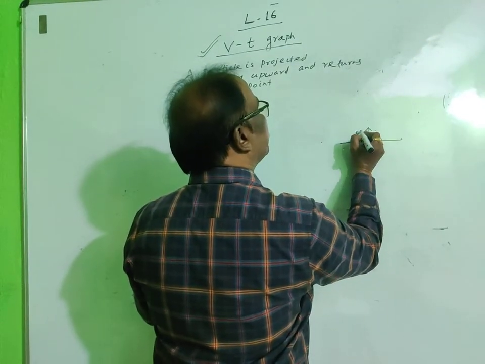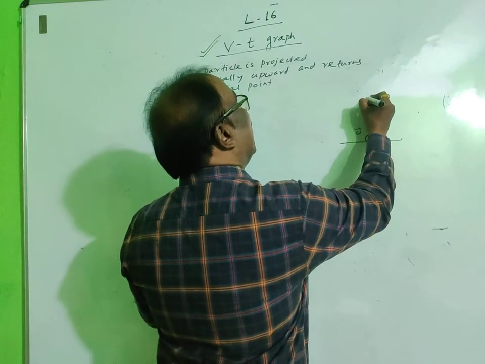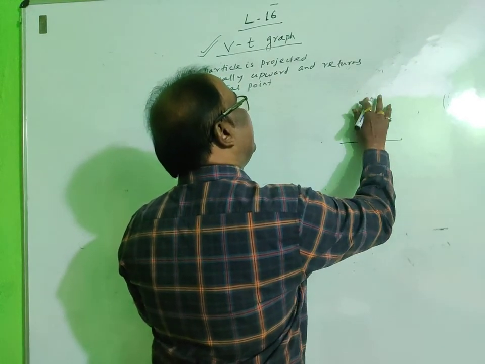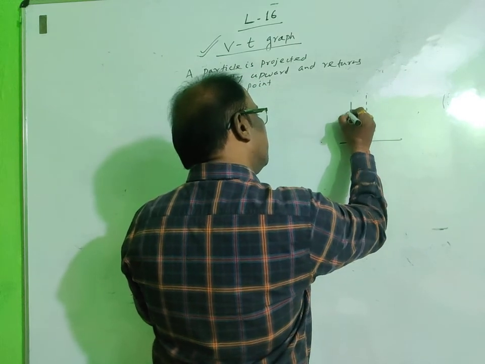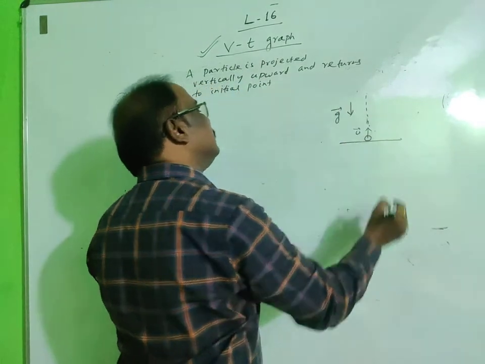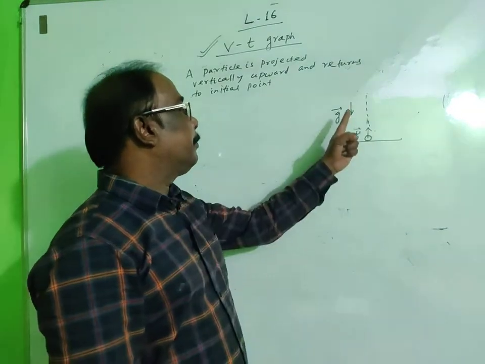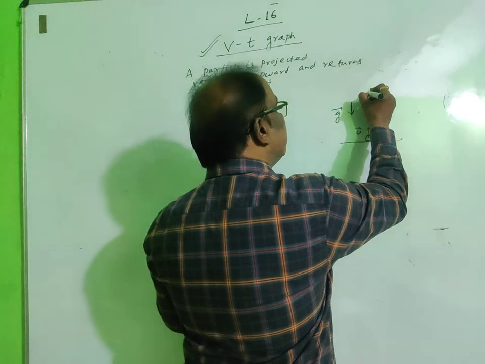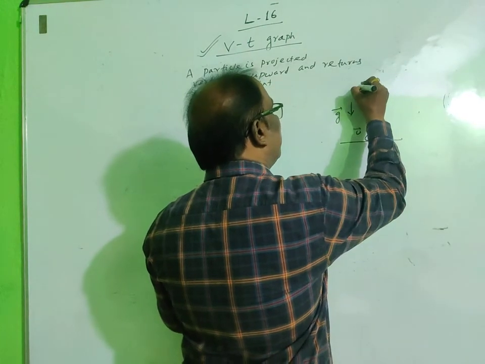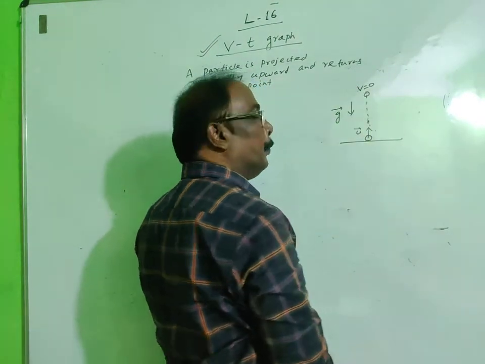Let initial velocity be u, and it goes to a height, but motion is retarded since acceleration due to gravity acts vertically downward, which opposes the velocity. This is the maximum height reached by the body, where velocity becomes 0.